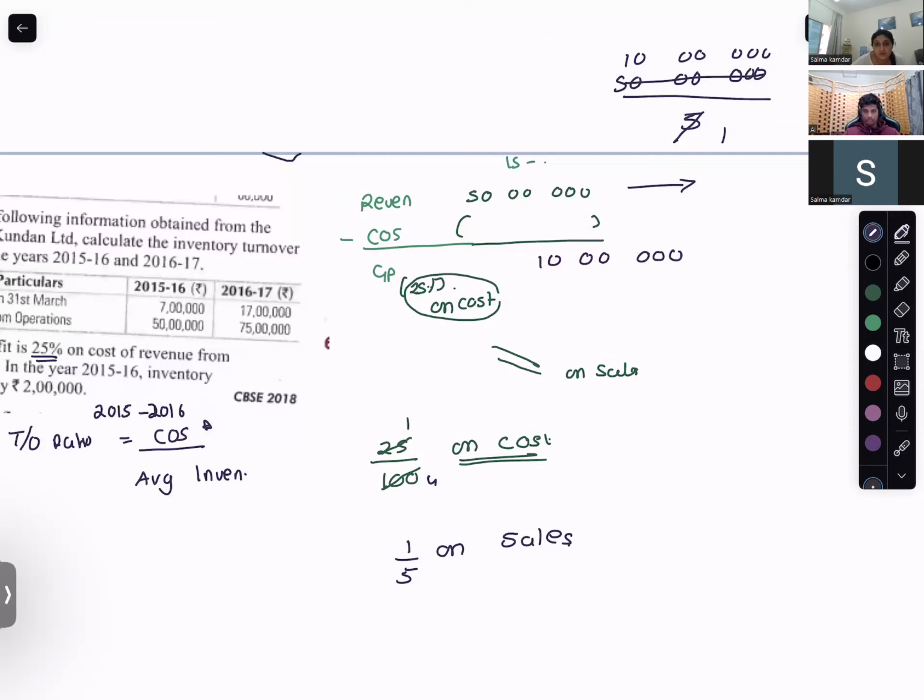So can you give me the cost of sales? 50 lakhs is revenue. Wait.